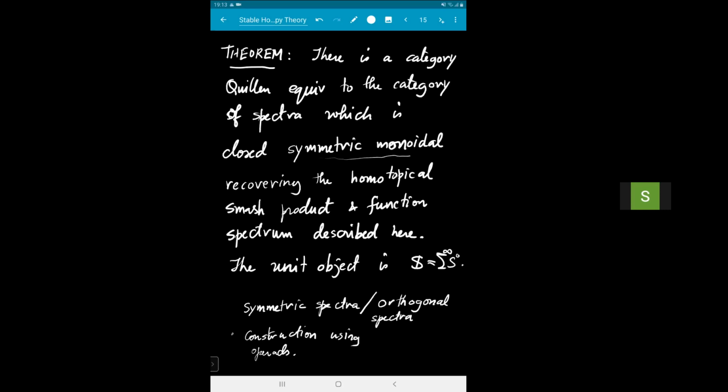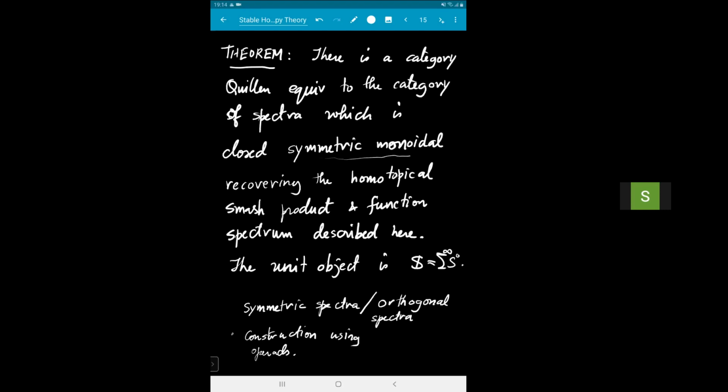After Lewis, May and Steinberger, people had a reasonable idea about what the smash product should be. People had a reasonable idea earlier also, but a more concrete idea, I should say. And then when all these models like symmetric spectra and orthogonal spectra came about, the exercise was to show that as a model category it is equivalent, and the derived smash product is actually the smash product which is described up to a contractible space of choices in Lewis, May and Steinberger's book.